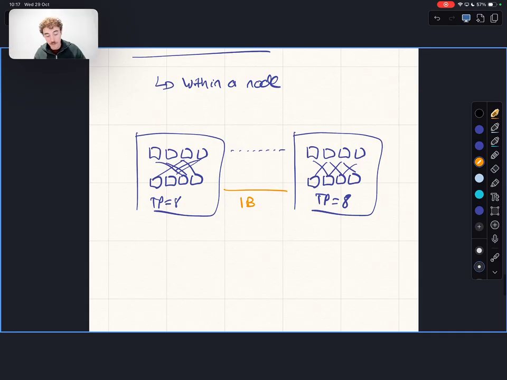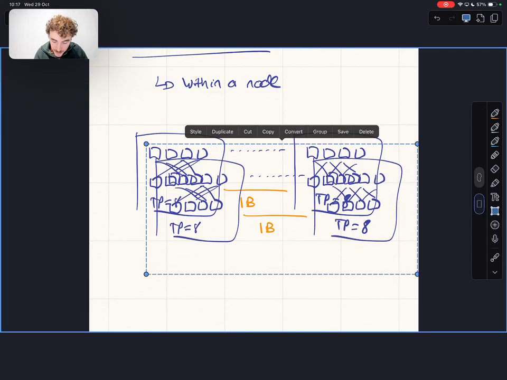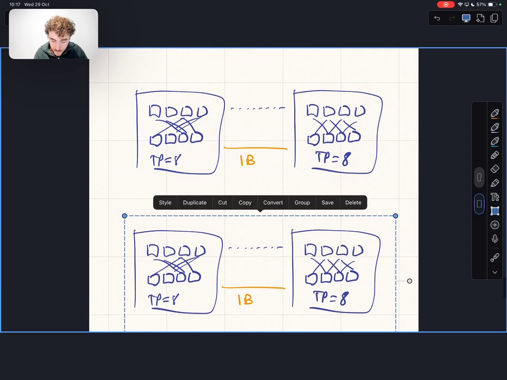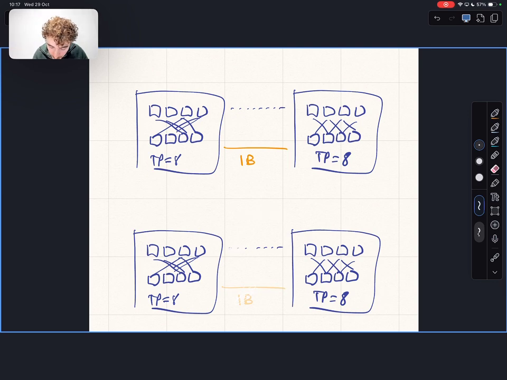So if you have a model that can't even fit on a single node, like the 600 billion parameter DeepSeek model, there's many such 8 GPU nodes that can't fit this. One strategy to overcome this memory bottleneck is to have pipeline parallelism connecting these two nodes. So on one node, you have the first half of the model. On the other node, you have the second half.